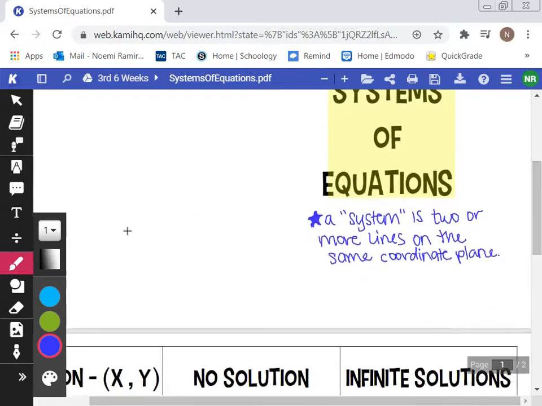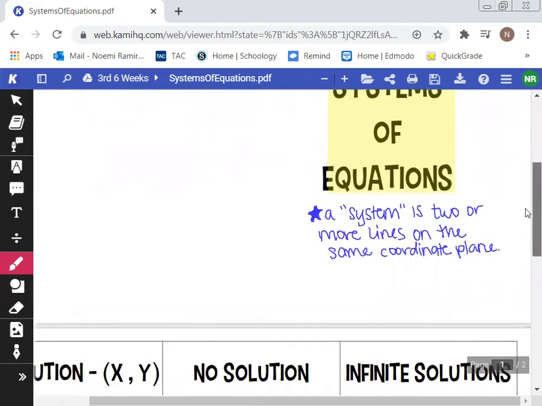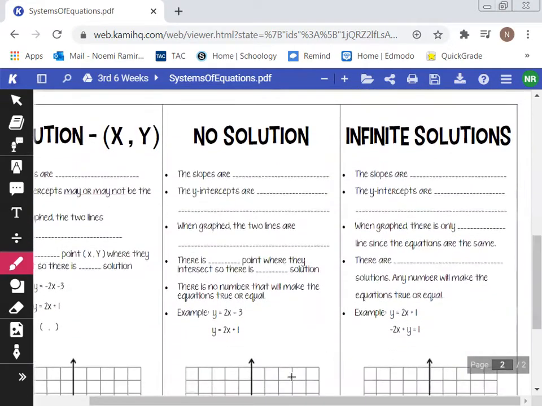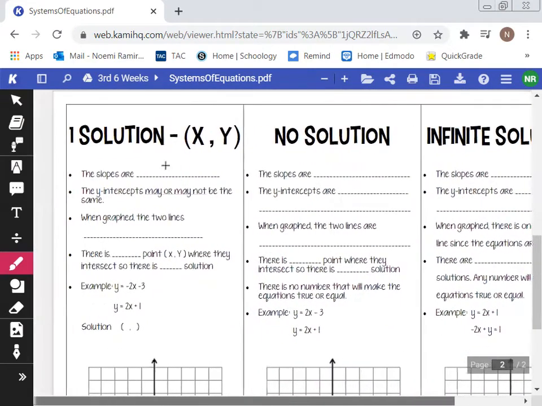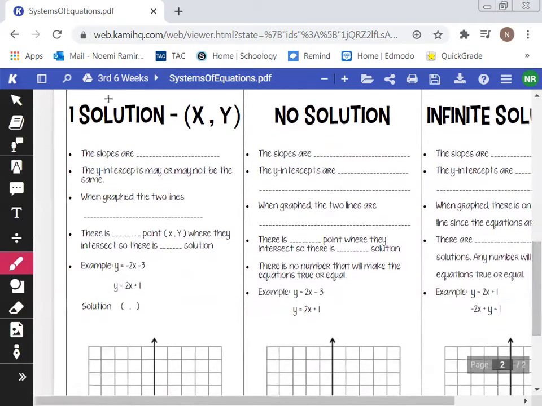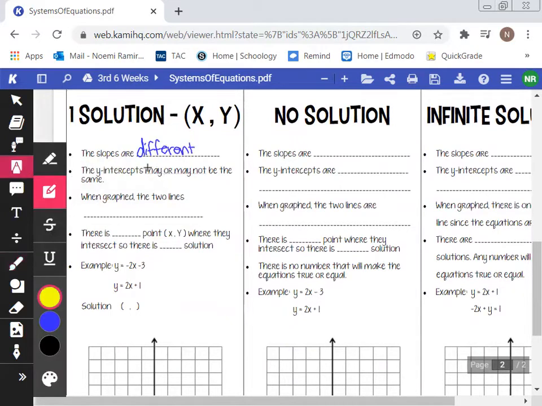So let's look at the first option. The first option that we have here is one solution. This is what happens whenever the slopes are different. The y-intercepts may or may not be the same.